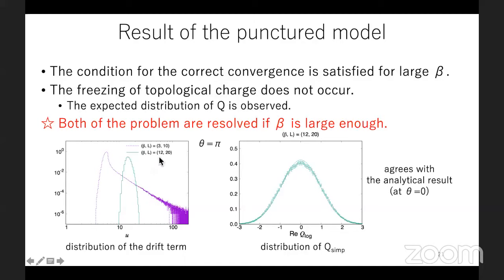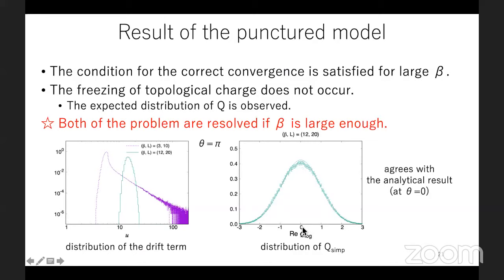However, for larger beta, that condition is satisfied. On the other hand, if we look at the freezing, especially for the large beta case, actually the freezing disappears, and you can confirm that by comparing the analytic result and the simulation result.